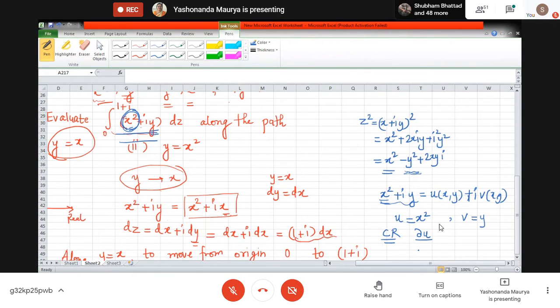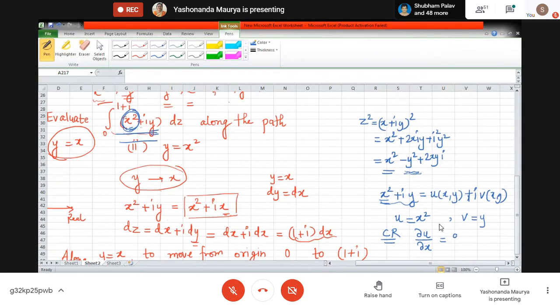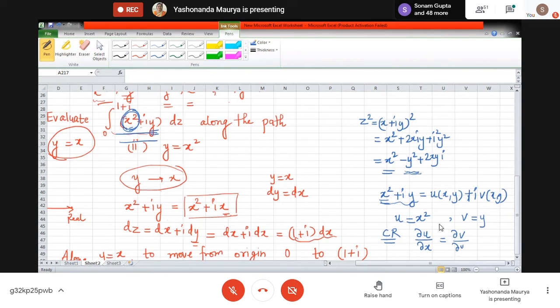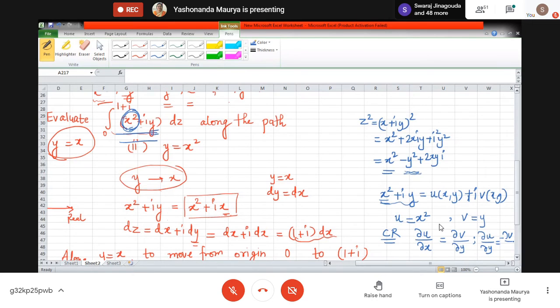Dou u by dou x is equal to dou v by dou y. This is the first equation, and the second one, dou u by dou y is equal to minus dou v by dou x. These are the two equations which should be satisfied.